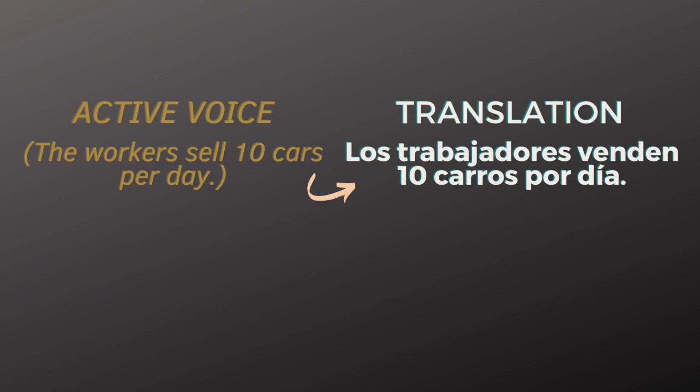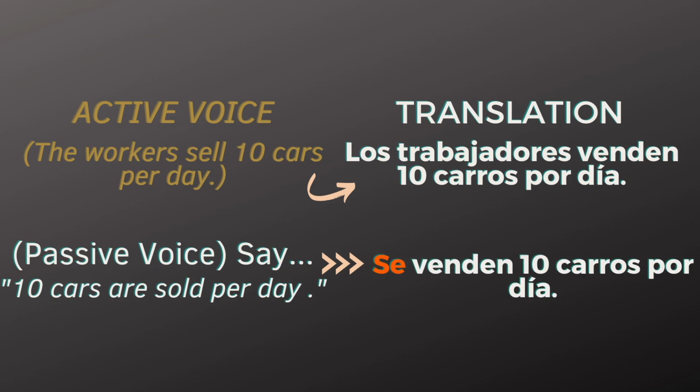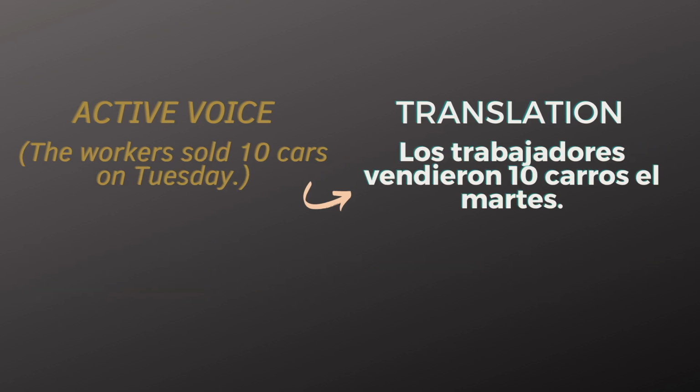Los trabajadores venden 10 carros por día. Now say, 10 cars are sold per day. Se venden 10 carros por día. Los trabajadores vendieron 10 carros el martes.